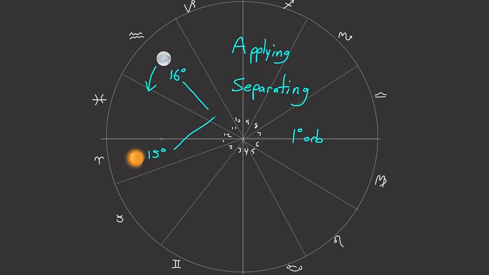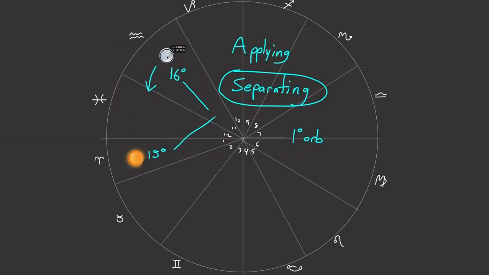Now that they've already had the exact aspect, they're considered to be separating. In other words, the exact aspect is past, and now we're in a situation where the moon is going to overtake basically the sun and just keep moving and moving.